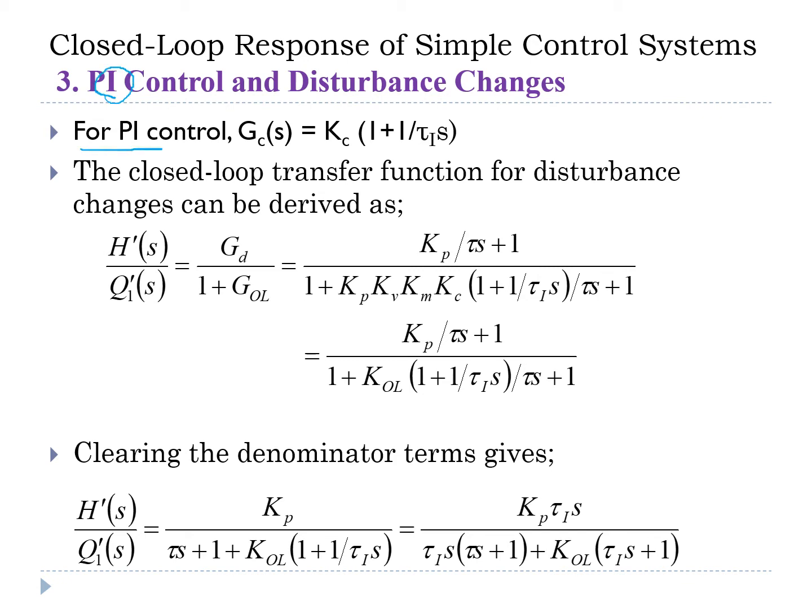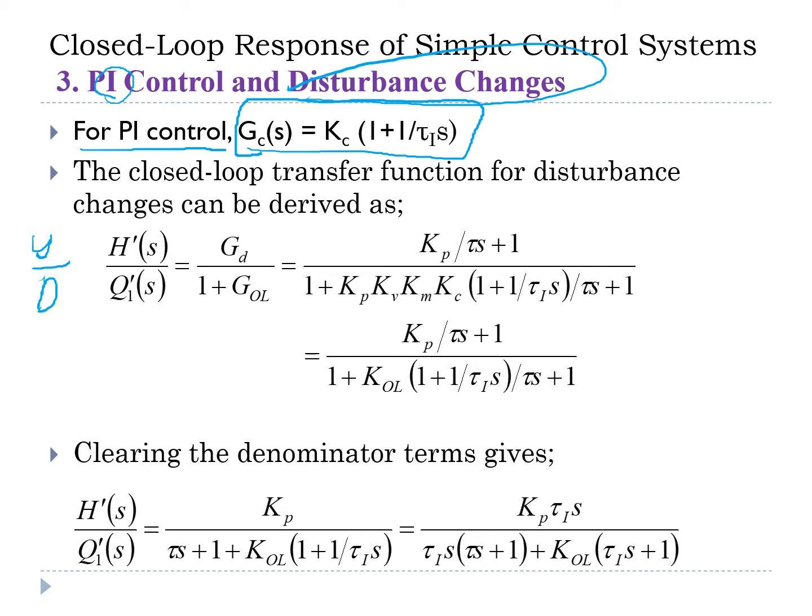So for the PI controller, we know that this is the transfer function for the PI controller that we have learned in chapter 8 that I asked you to memorize earlier, right? For a disturbance change, we are interested in the output of a disturbance change.